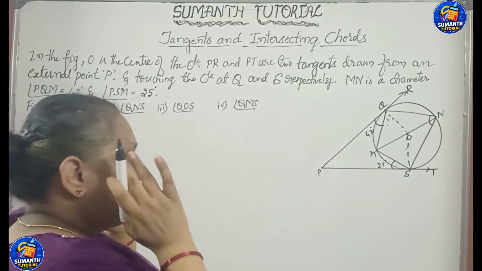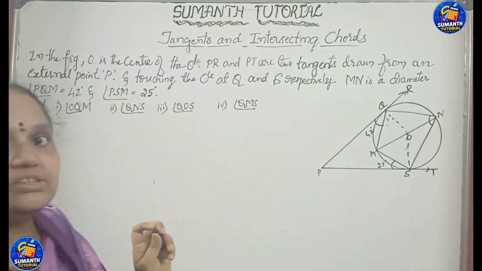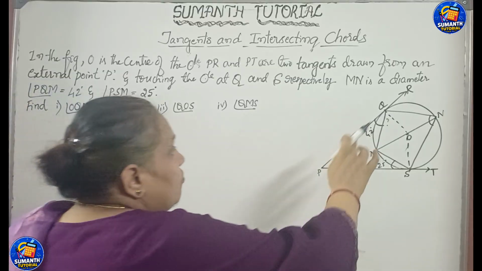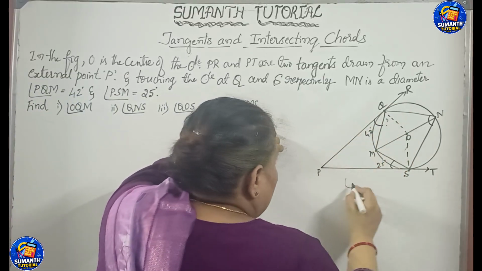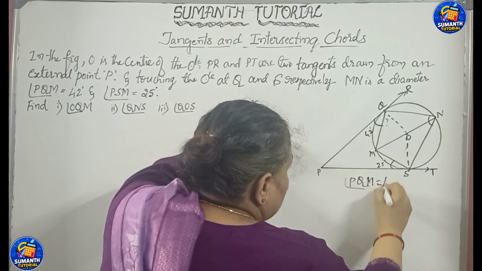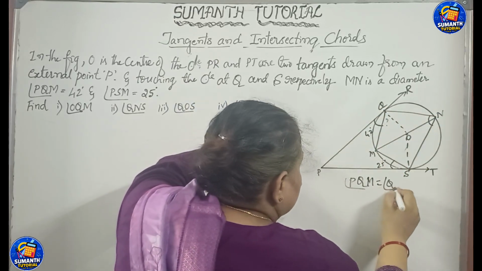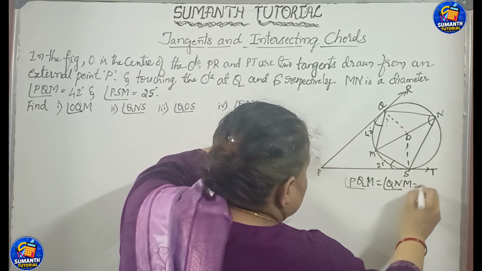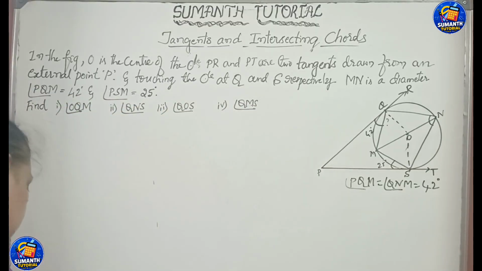First and foremost, remember the thing I explained to you, the alternate segment theorem property. Based on that, what we can write here for this angle: PQM is equal to angle QNM. That is equal to 42 degrees because of the alternate segment theorem. I explained to you already in two problems.